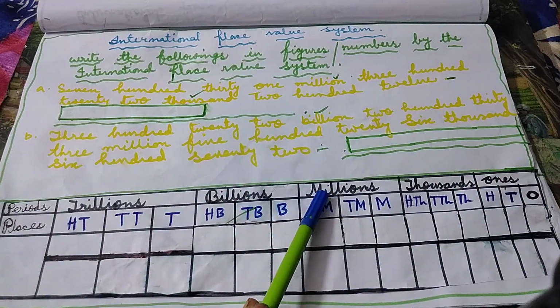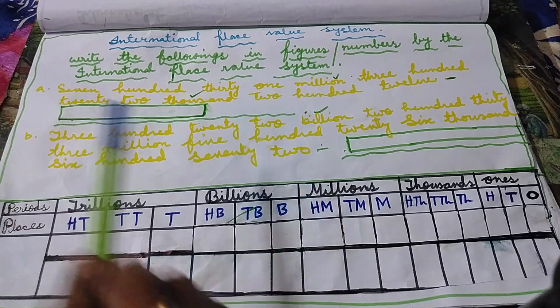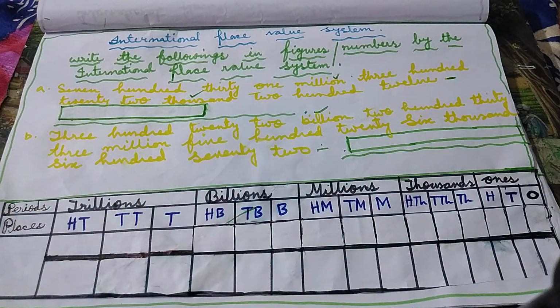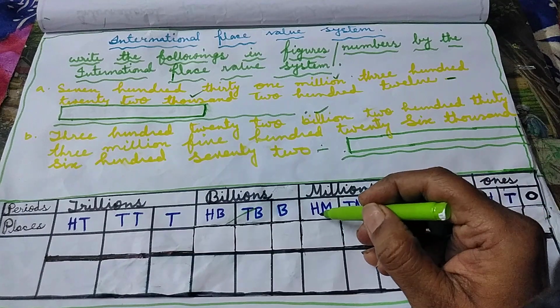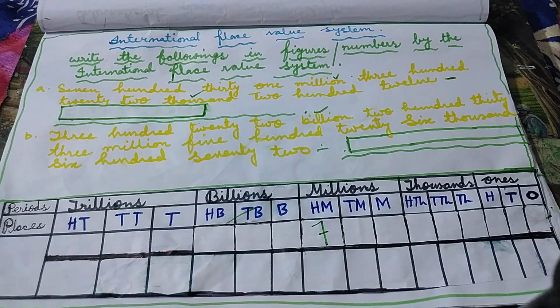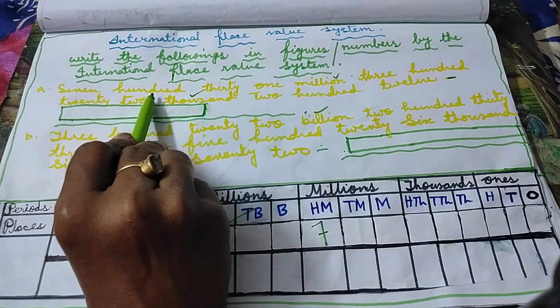Millions is the group or period. So in the millions group or millions period, how will we write 731? See, in the hundreds place, we will write 700.